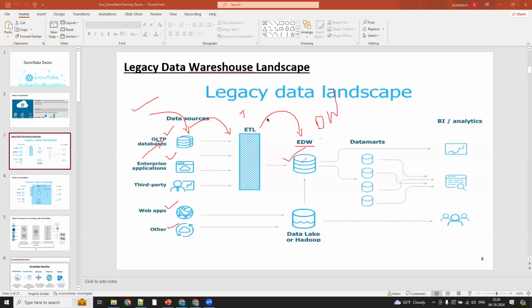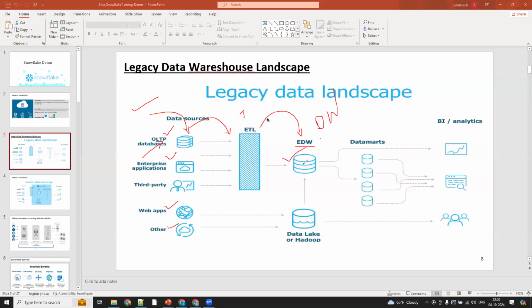All the departments' tables data, I'm going to store in the EDW. Physically, I'm going to store all the departments' data in one data warehouse only, but I want to logically divide these tables as per my departments.